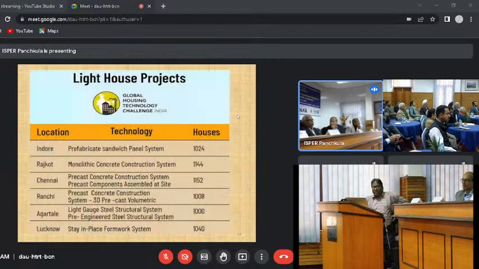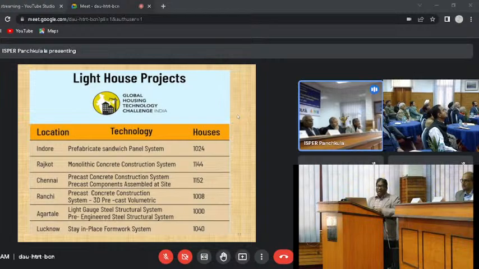These are the 6 locations in India: Indore, Rajkot, Chennai, Ranchi, Agartala, and Lucknow. 6 different zones across the country have been selected. The technology is also given, and the number of dwelling units built under this program in each location, you can see, the minimum is 1,000, that is Agartala, which is 1,000 plus.